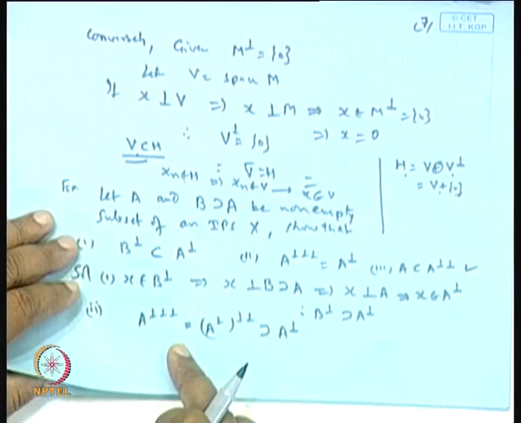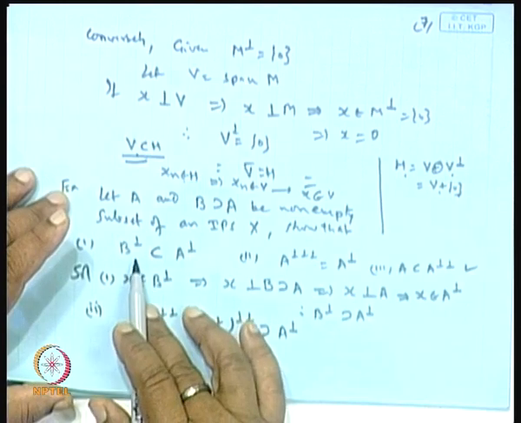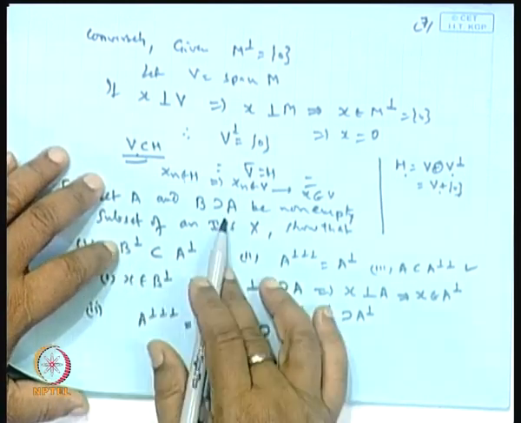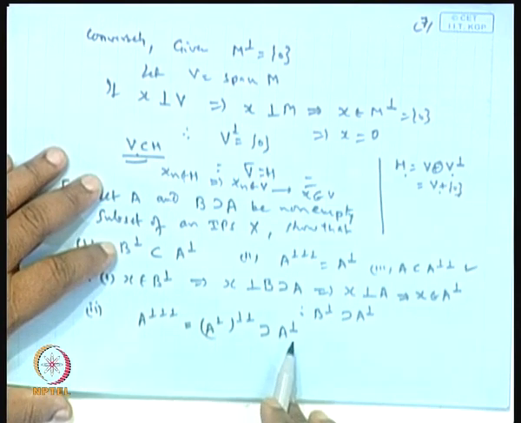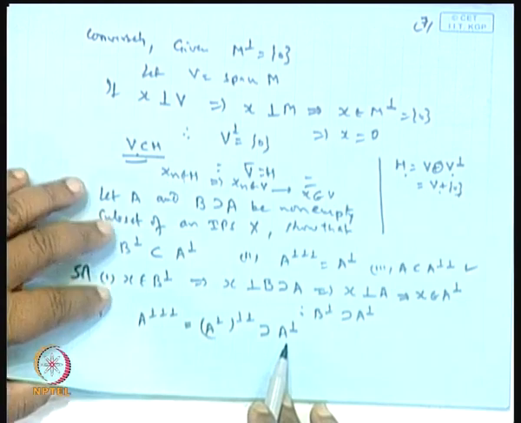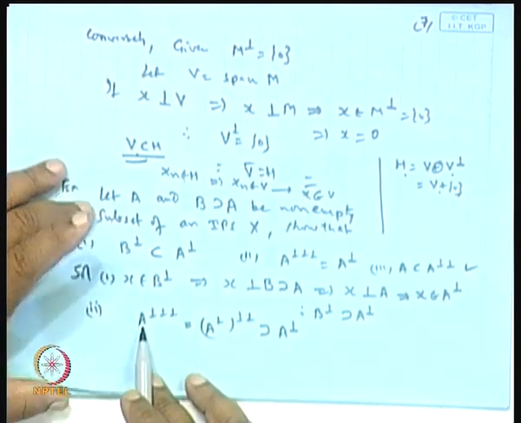Therefore, what you can say about this: if B is a subset of A, then B perpendicular contains A perpendicular. So, if we take A perpendicular perpendicular, then this will contain this part.